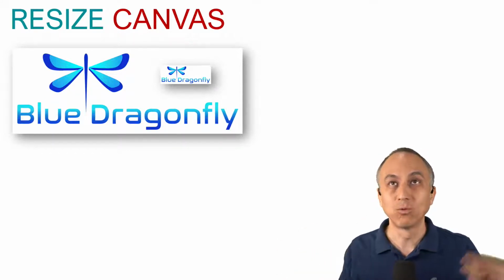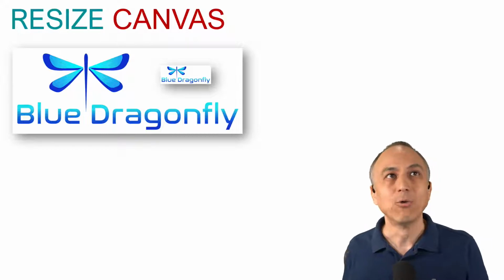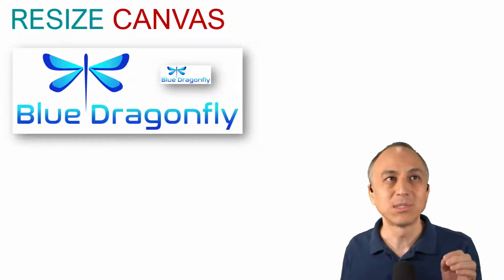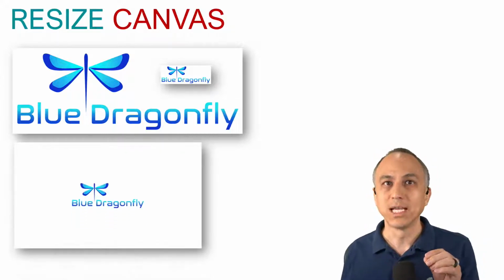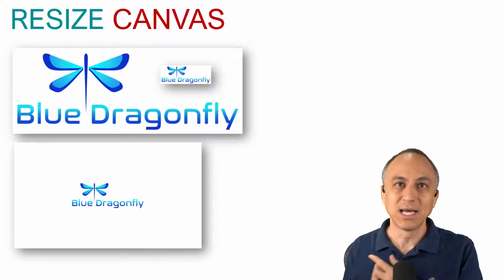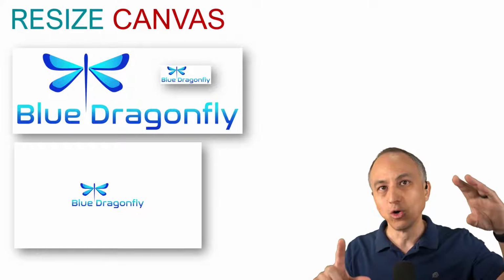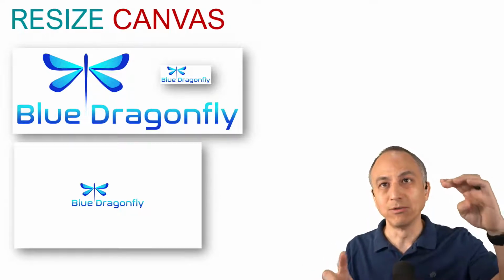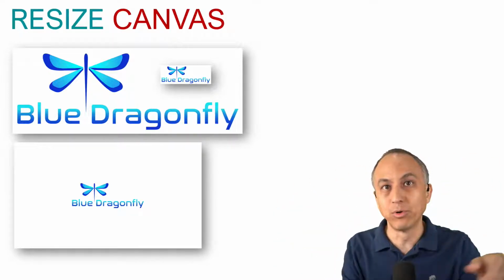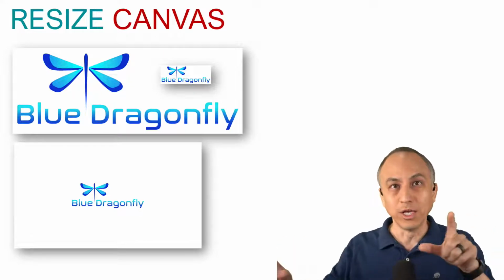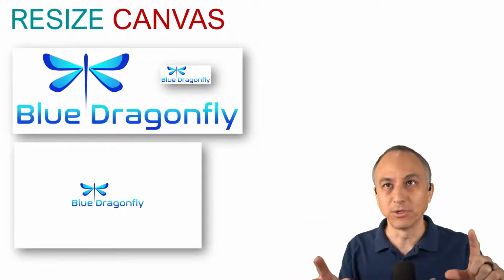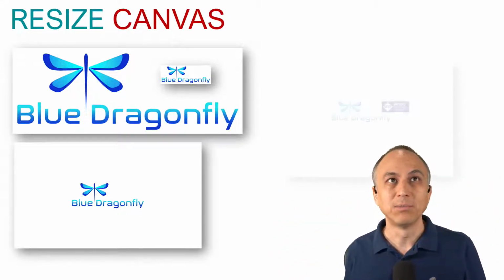That's fine. So that's resize image. But resize canvas does sometimes come up. For example, this is an example where I didn't want the logo size to change, but I needed additional white space around that logo because I needed clear borders around it in order for it to be positioned properly. Another example is this.